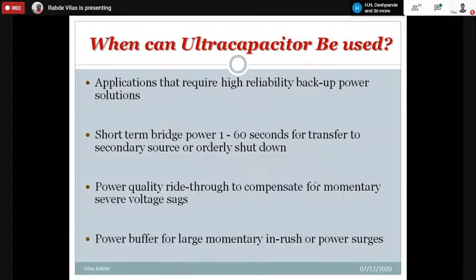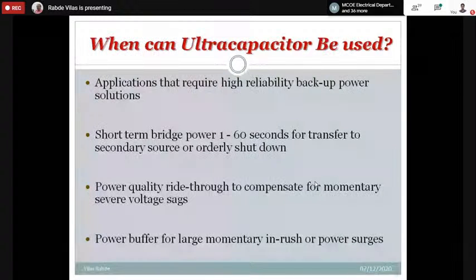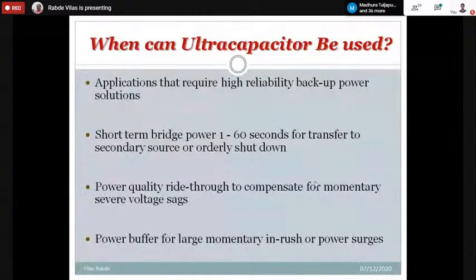When can supercapacitors be used? In applications that require high reliability backup power, short-term bridge power of 1 to 60 seconds for transfer to a secondary source, or an orderly shutdown. See, for example, a lift in your housing complex. If there is a power failure, the lift immediately stops wherever it is, and there is panic in the lift. Sometimes the emergency light doesn't work, and it is totally dark. Now, if you use this ultracapacitor backup, supercapacitor backup, it will go to the nearby floor.